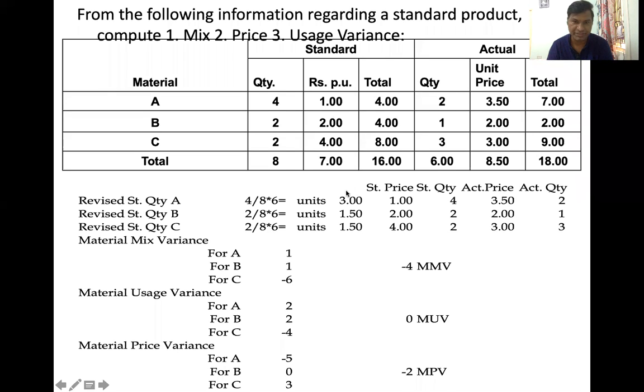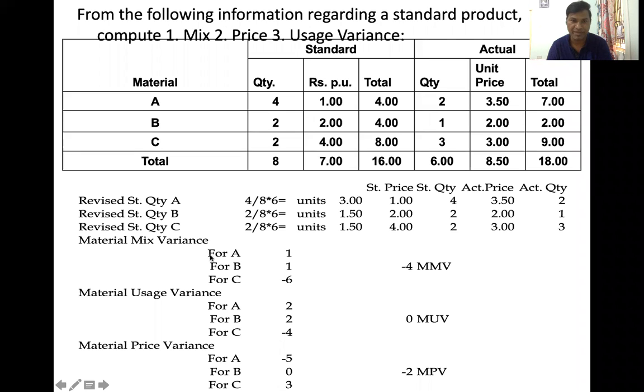So 3 units minus 2, multiplied with the standard price. Yes, standard price. 3 minus 2 into 1 is 1.